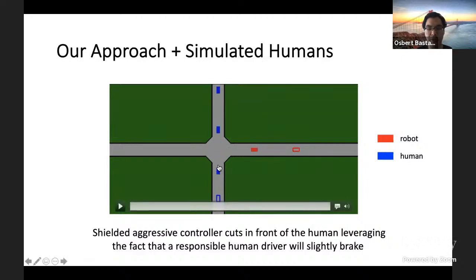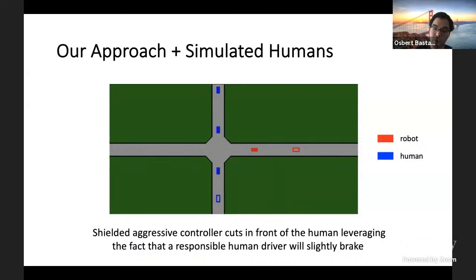You see that the first blue car there braked to let the human pass safely before continuing through the intersection. And this shows that our approach is not overly conservative. If it computes that there's a way for the human to slow down and avoid an accident, it can aggressively take the right of way, assuming you use it with this aggressive controller.